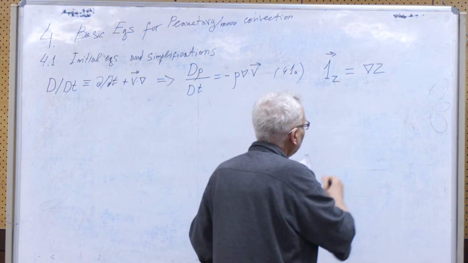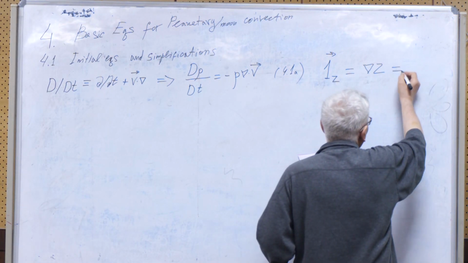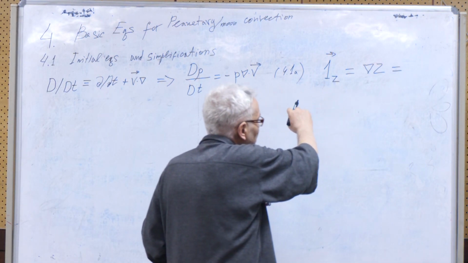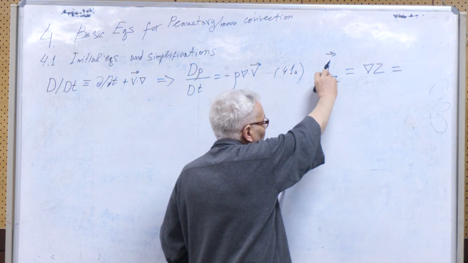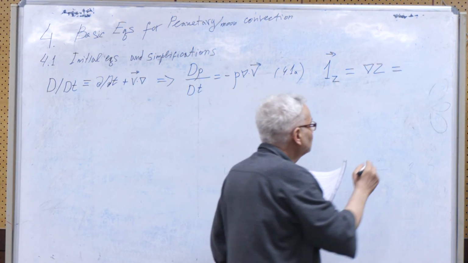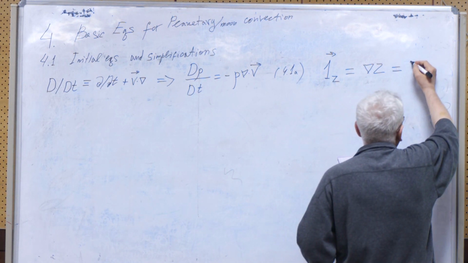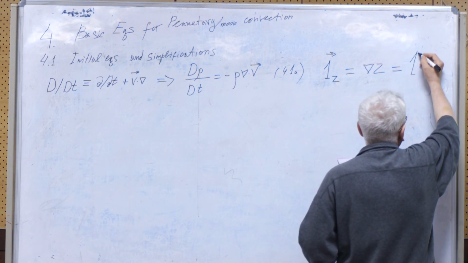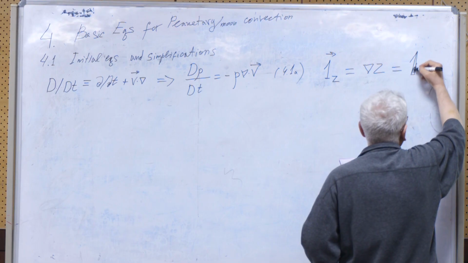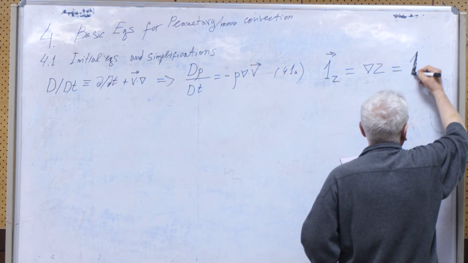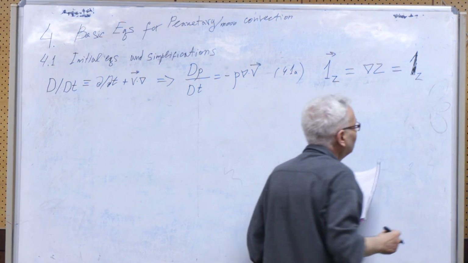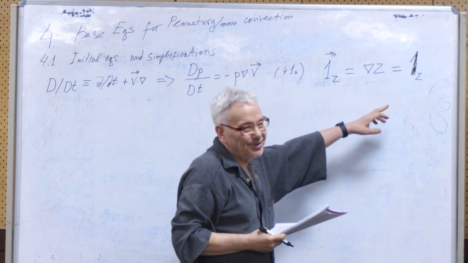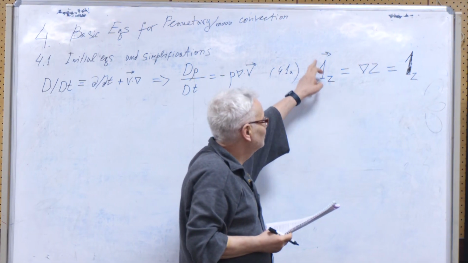And even more specifically, just to distinguish a vector value from a scalar value, I'm using this arrow on the top. But usually, of course, people use bold. They write it like that, 1 over z, but it's not so easy, so I prefer to use this arrow.